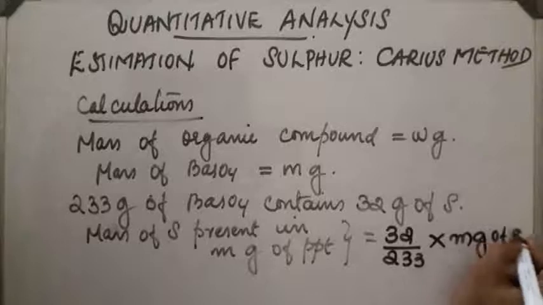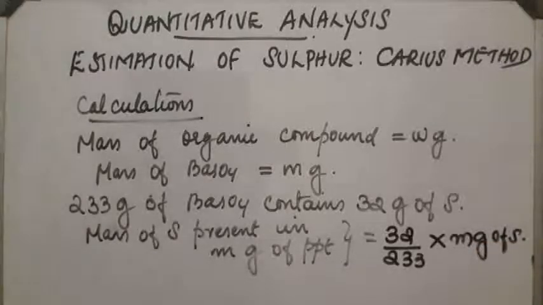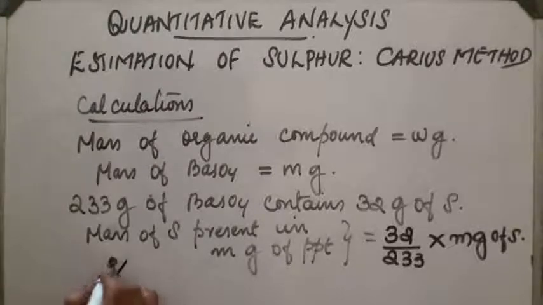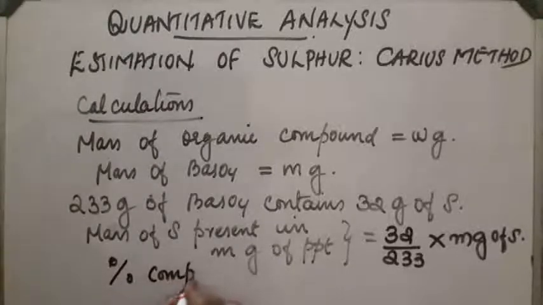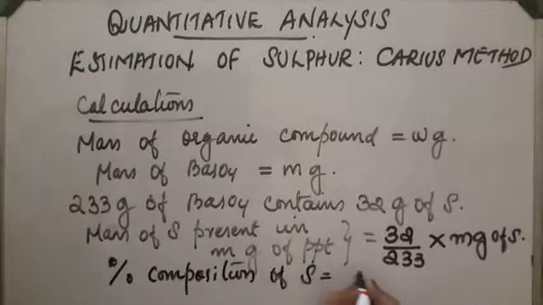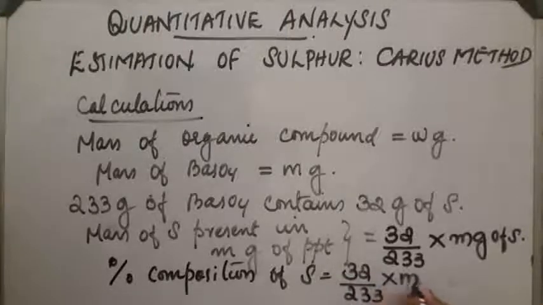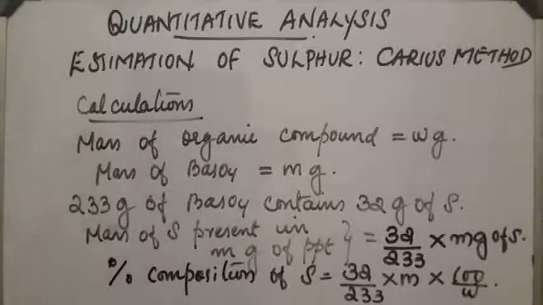So the percentage composition of sulfur will be equal to 32 by 233 into m into 100 by W. W is the mass of the organic compound, a known amount. So from this formula, we can calculate the percentage composition of sulfur.